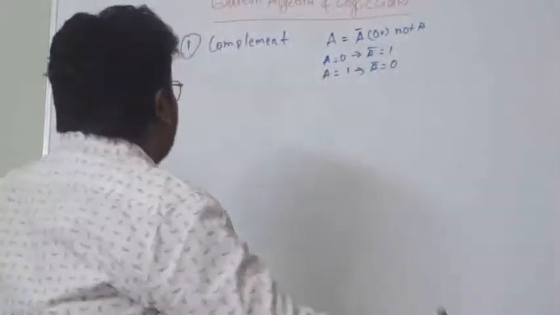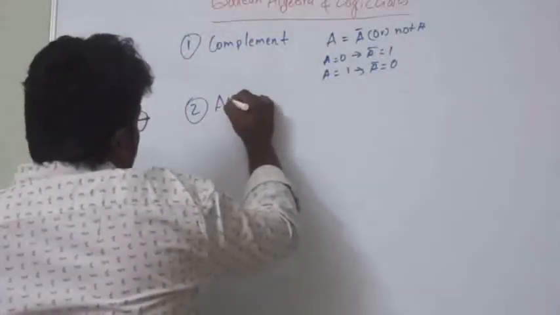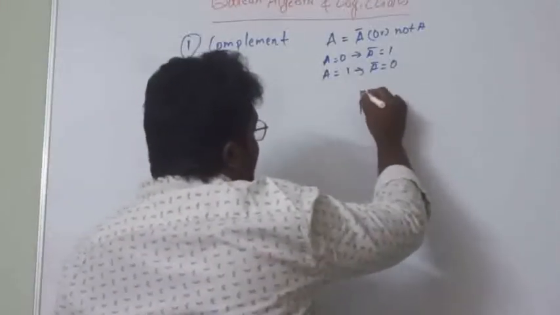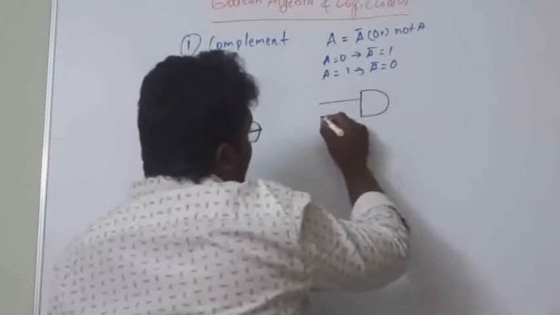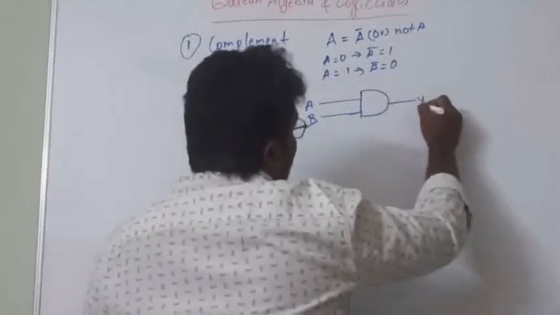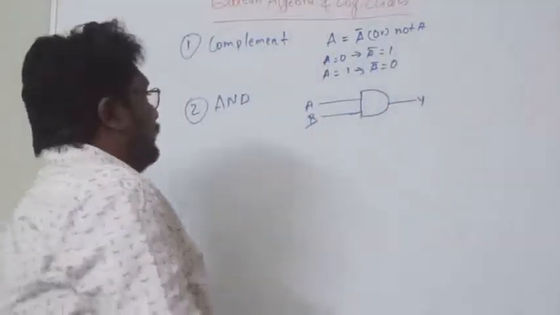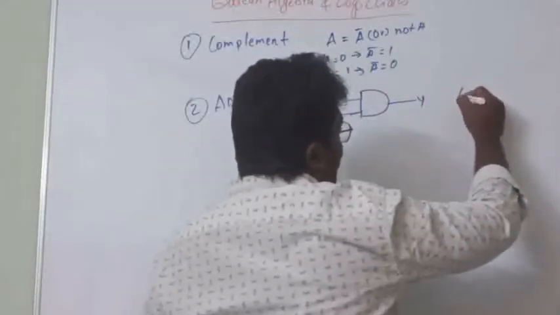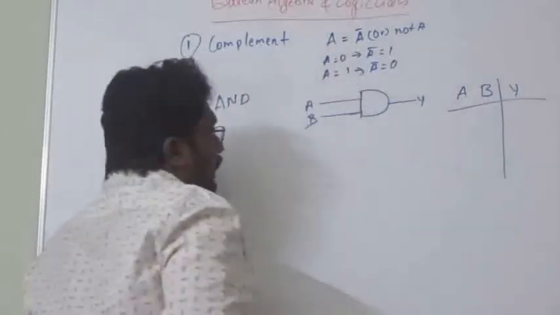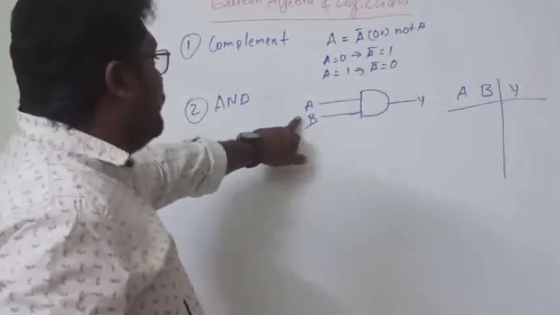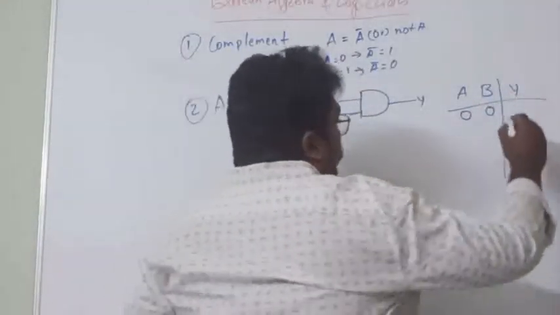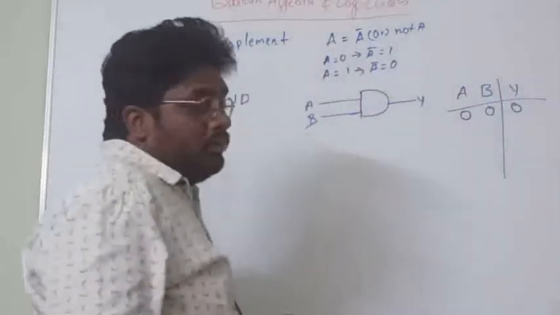And the next one is the AND rule. The logic diagram for this AND gate is represented like this, and here we have two variables A and B as inputs, and output Y. The truth table for this AND gate has two inputs A, B, and output Y. If both variables are 0, that is A as 0, B as 0, the output will be 0.